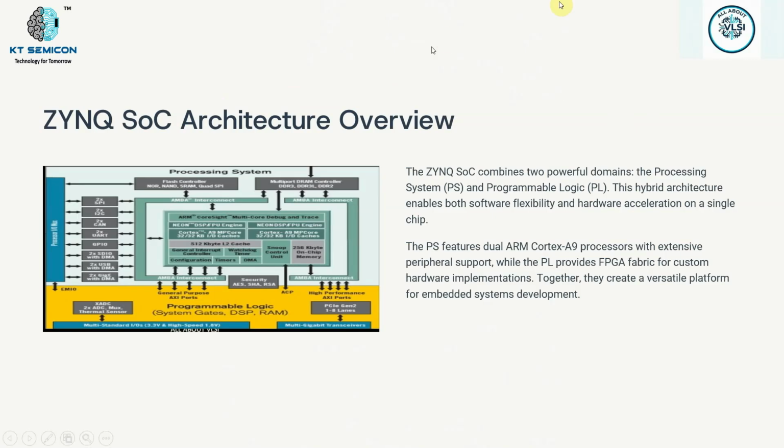Now this Zynq SoC combines two powerful domains: the processing system (PS), the gray color shade which you can see in the upper region. This is my hardcore processor, which is actually fabricated. And the programmable logic, that is my PL, the yellow color region you can see.